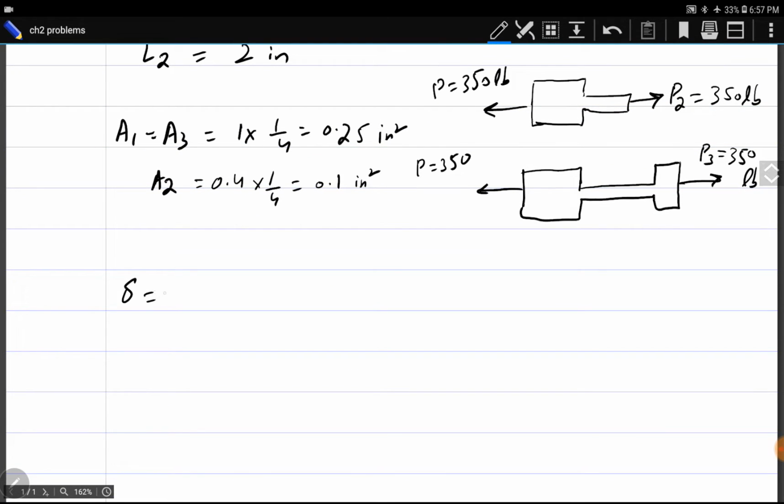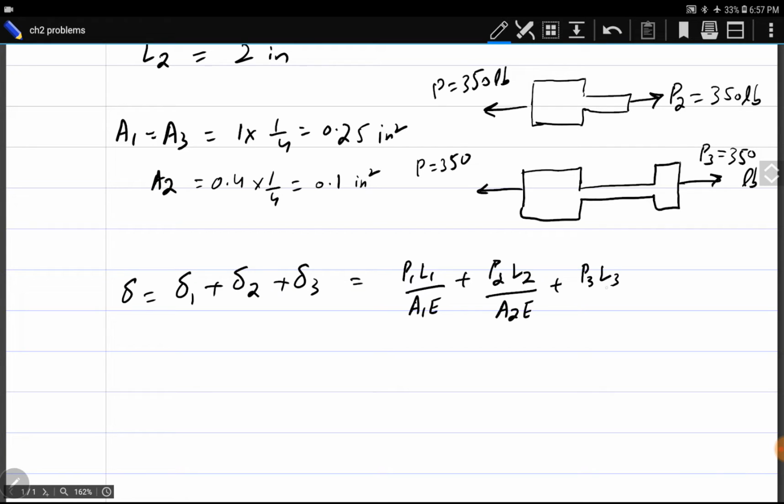Total delta is equal to delta 1 plus delta 2 plus delta 3, deformation in each section. So it will be equal to P1 L1 over A1 E plus P2 L2 over A2 E plus P3 L3 over A3 E. E is given, it is the same for all the sections, either for section 1, section 2 or section 3.